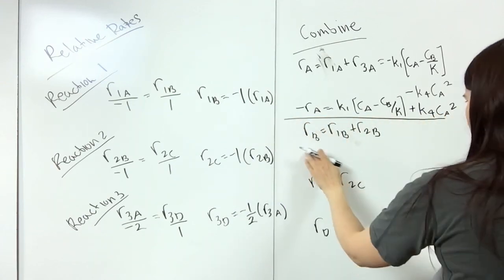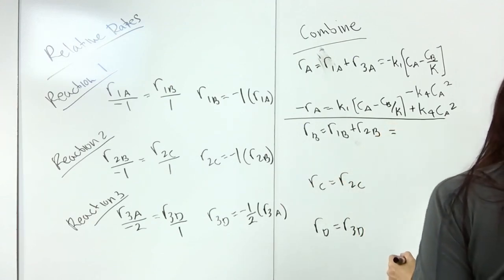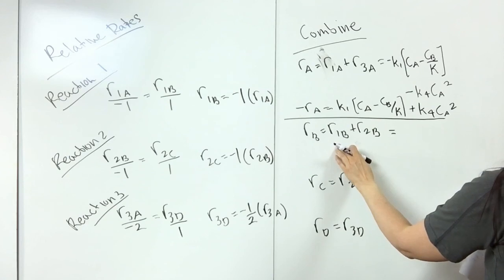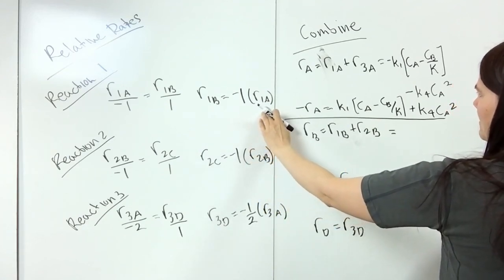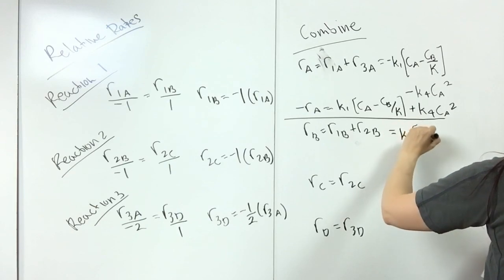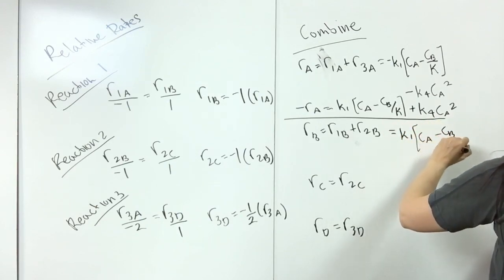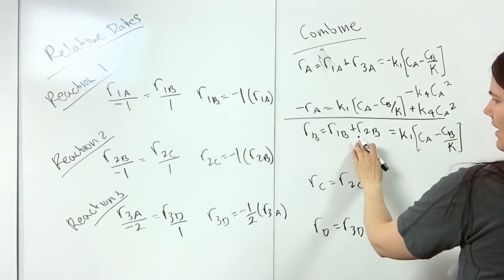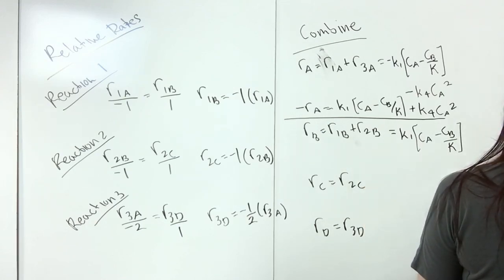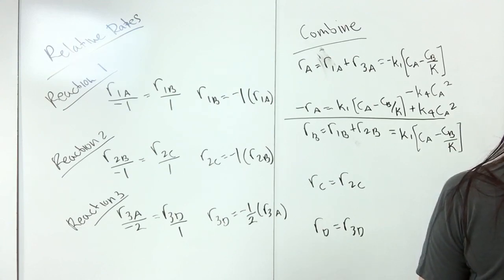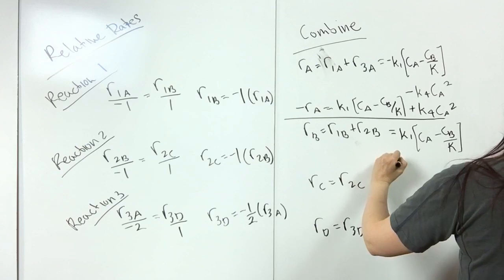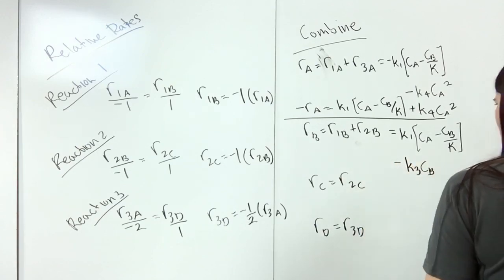So then for RB, we have R1B, which is minus 1 multiplied by R1A, so you end up with K1 (CA minus CB over K), plus R2B, so this would be minus K3 CB.